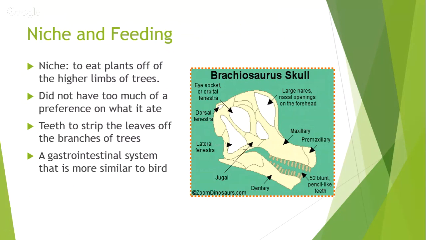It has a gastrointestinal system more similar to birds than any other organism, and it's estimated that its stomach weighed about 2,480 kilograms. When the Brachiosaurus fossils were found, they found particular round stones in the chest.